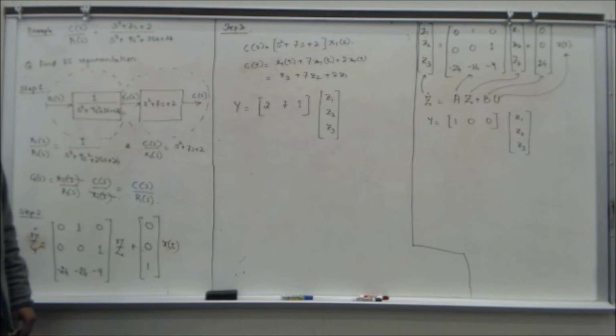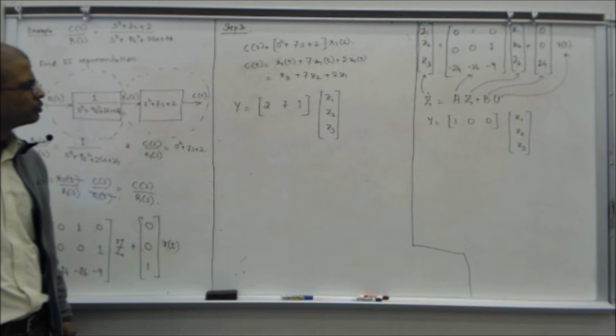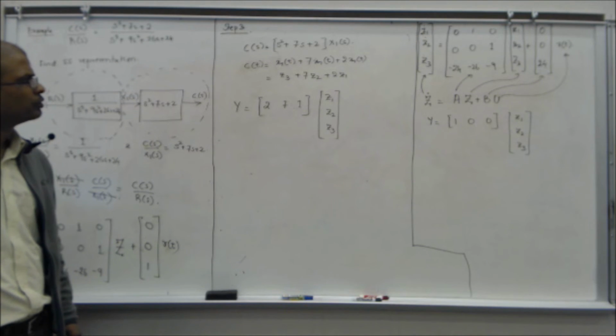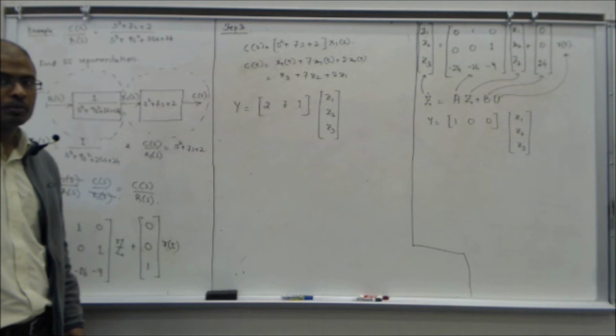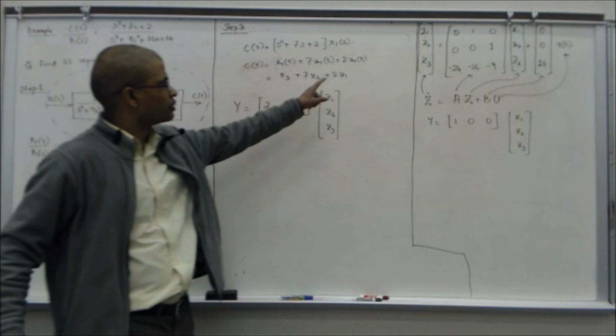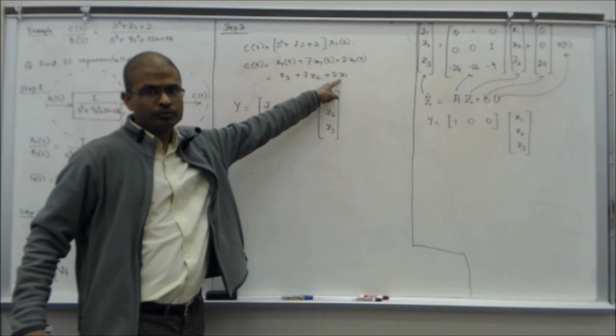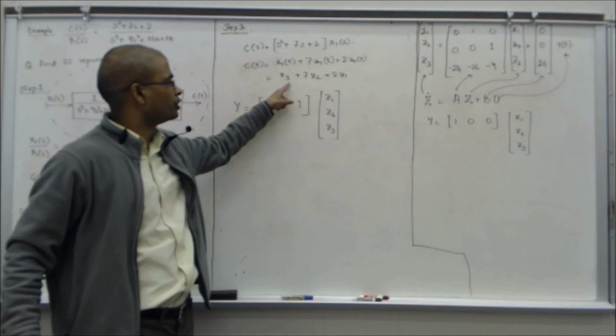Negative 2, 7, I don't think so. Huh? So you have Z1, Z2, Z2, right?